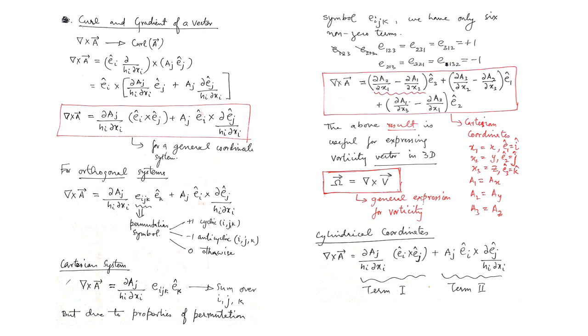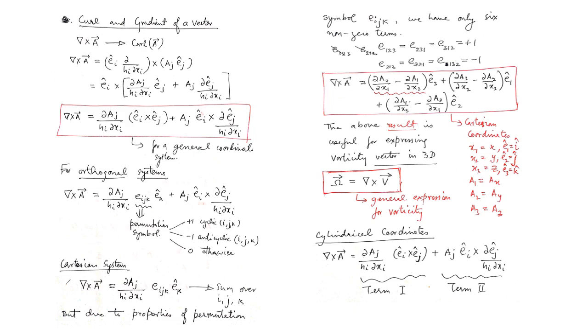Why? Because the permutation symbol E123 and E231 and E312 is +1, E213, E321 and E132, the anticyclic combinations, this is -1, all other are 0. So therefore, even if I sum over I, J and K, I will be only getting this expansion that I have written.